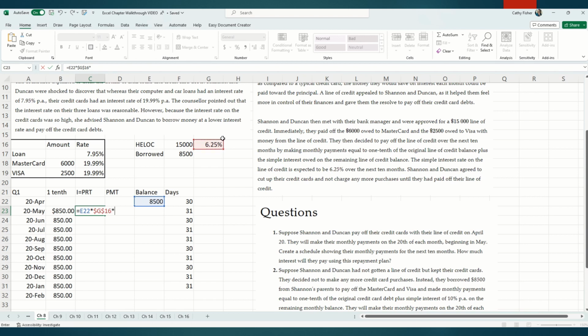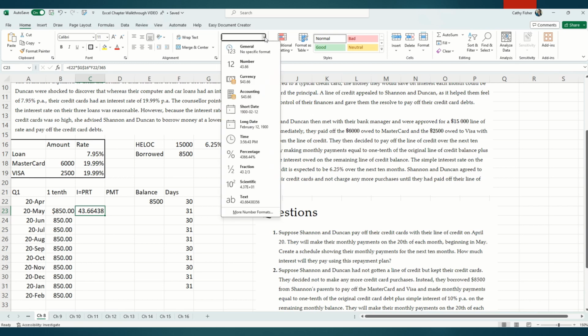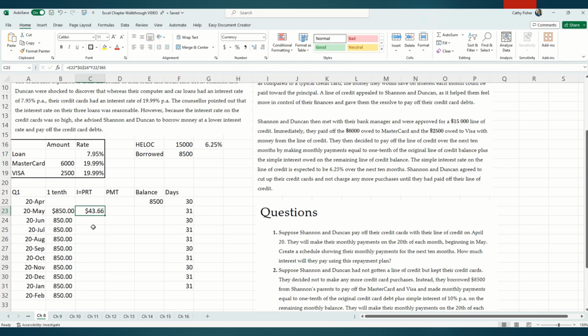And times our time, and in this case it is going to be 30 days. So the days right up here divided by 365. And I will also make that into a currency. And the following ones down here, I'll just make into comma style.